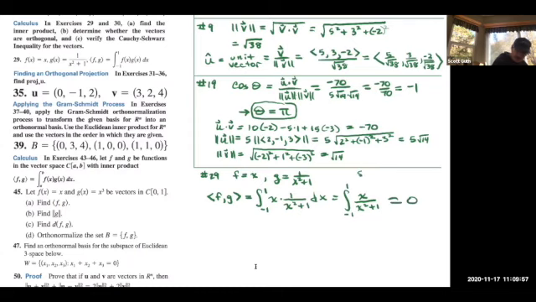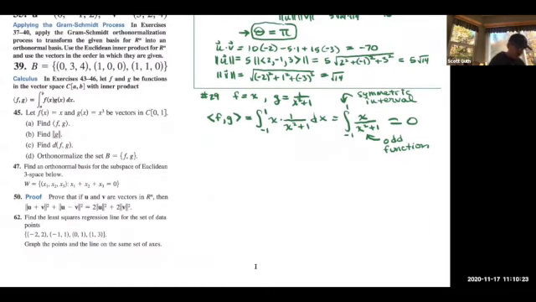We have a symmetric interval, meaning it's centered at 0. And we have an odd function. Anytime you integrate an odd function over a symmetric interval, you get 0.